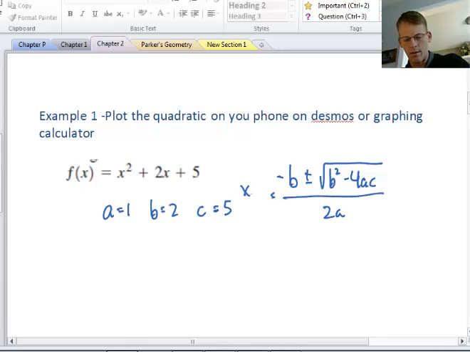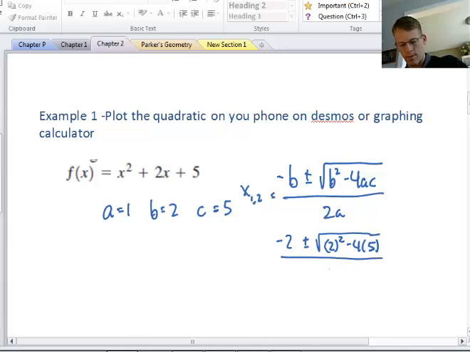This gives you your two root values. So this would be minus 2 plus or minus the square root of 2 squared minus 4 times the a and the c value, which is 5, all over 2.